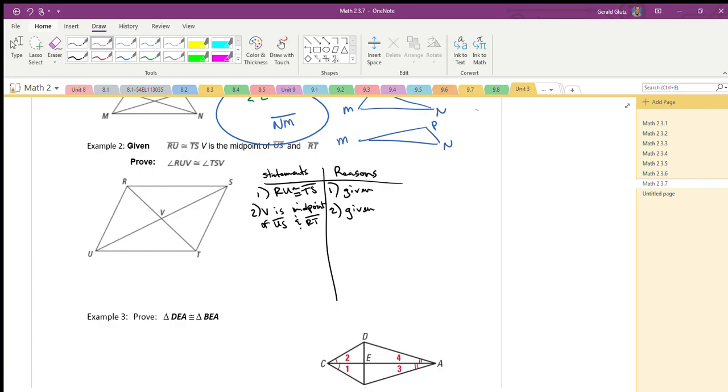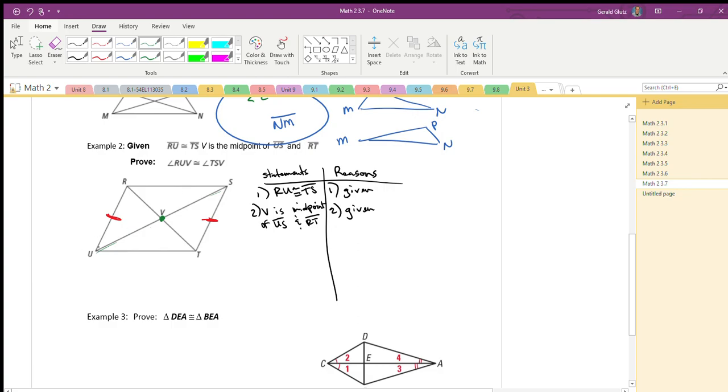So the first thing, RU is congruent to TS. So we know those two sides are congruent. It also says that V is a midpoint between US, so US is this line right here.